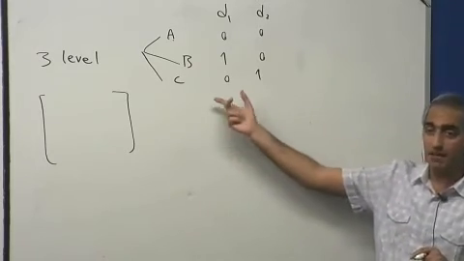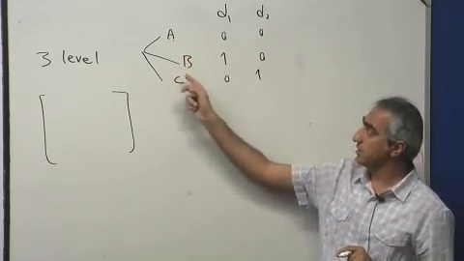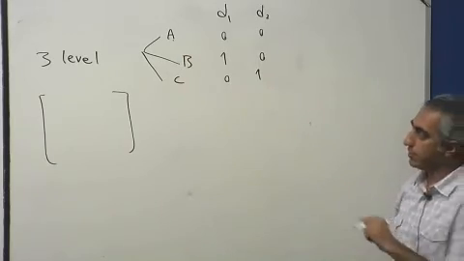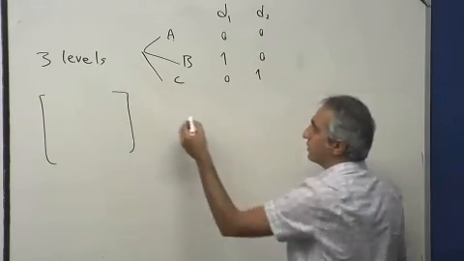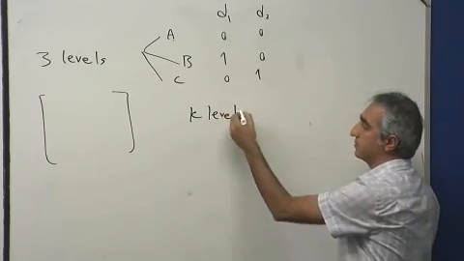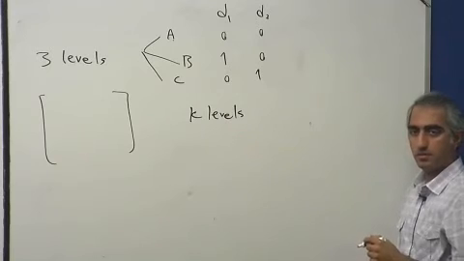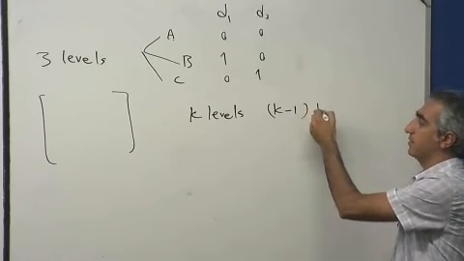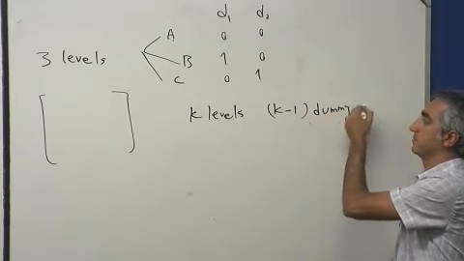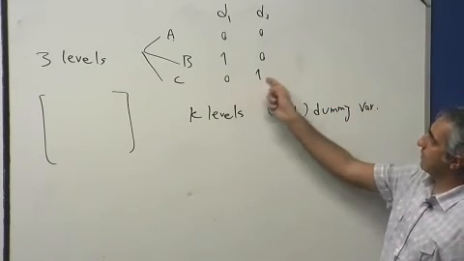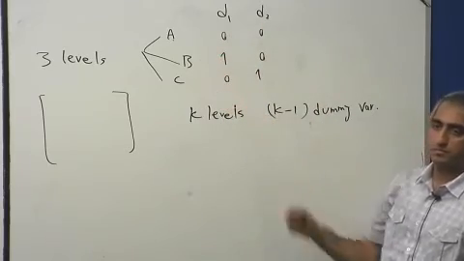So we have different categories, A, B, and C, and we have 2 dummy variables. What if we have, let's say, k levels? How many dummy variables do we need? K minus 1 dummy variables. And we arrange them like this.